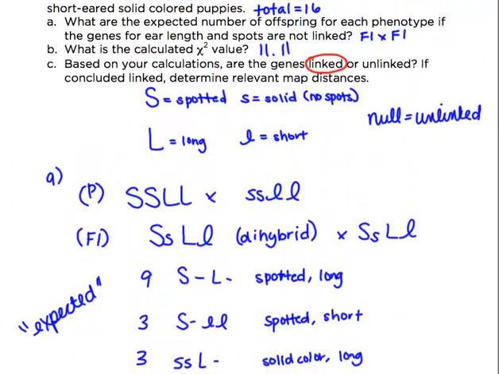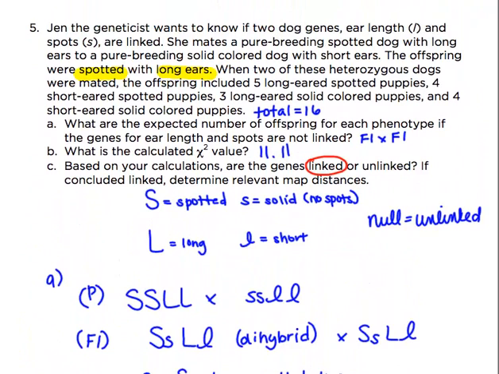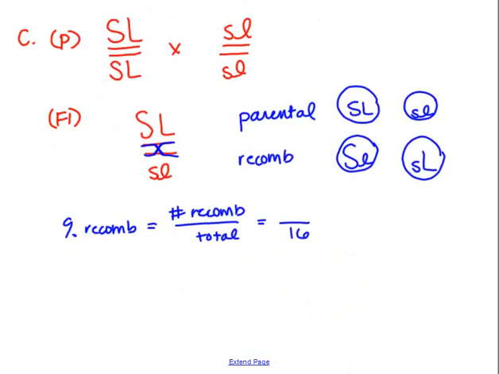So let's see. Okay, so we have spotted with short ears, 4 short-eared spotted puppies, and solid with long ears, so 3. So we have 4 plus 3 is 7. 7 out of 16.